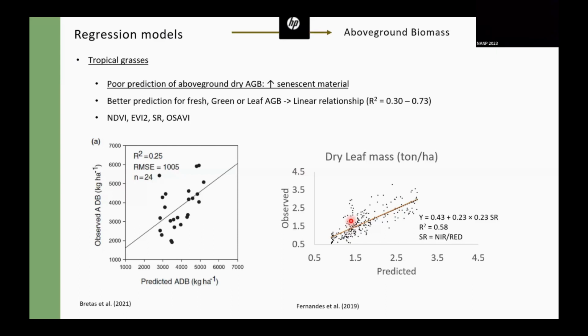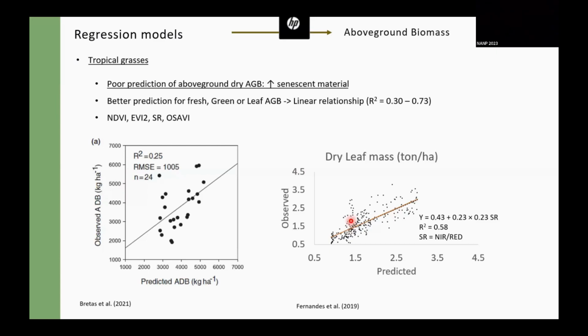the papers have reported poor prediction of above ground dry biomass, forage biomass, mainly because of the structural components of those forage grasses and the high content of senescent material in these pastures.